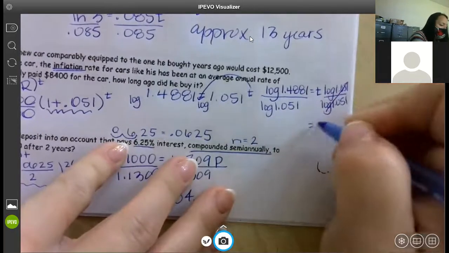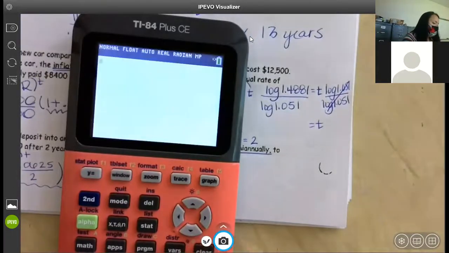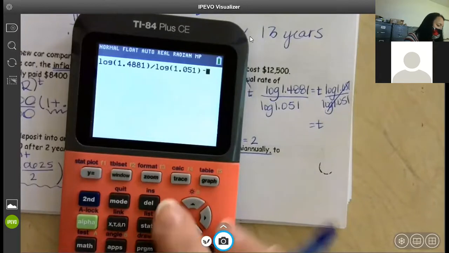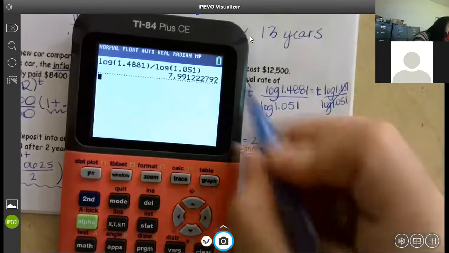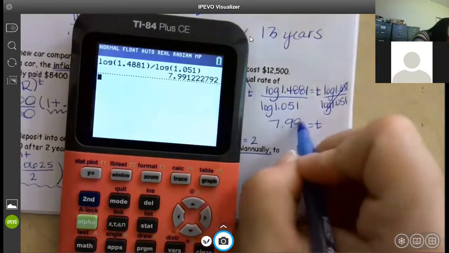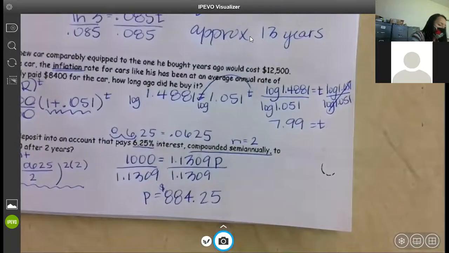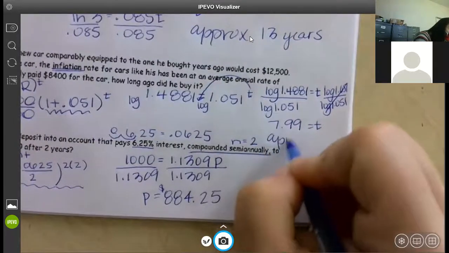So those will cancel and it'll leave me with T. And the reason I don't go ahead and do, I don't want a bunch of different decimals. So log 1.4881 over log 1.051. Oh, delete that. And we get 7.99. So approximately how long? Yeah, approximately 8 years.